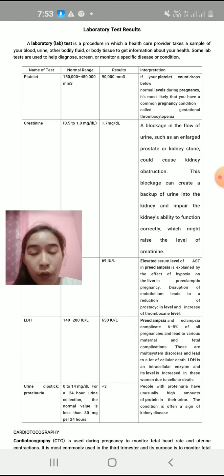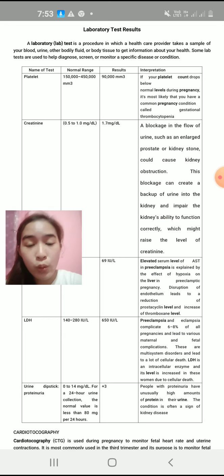So, for the platelet, ang normal range sa platelet is 150,000 to 450,000 mm3. And then for the result sa patient is 90,000 mm3.